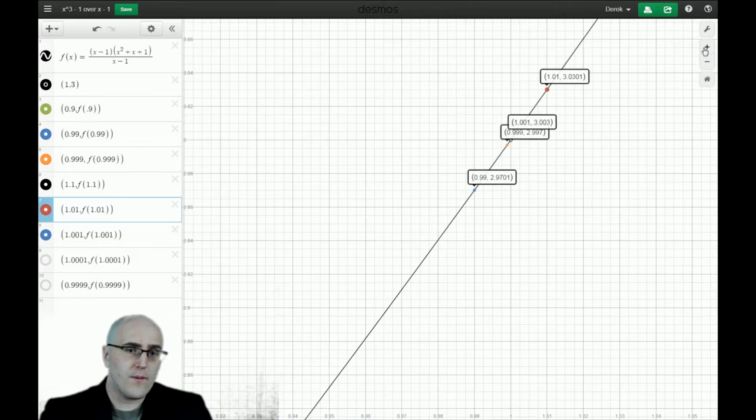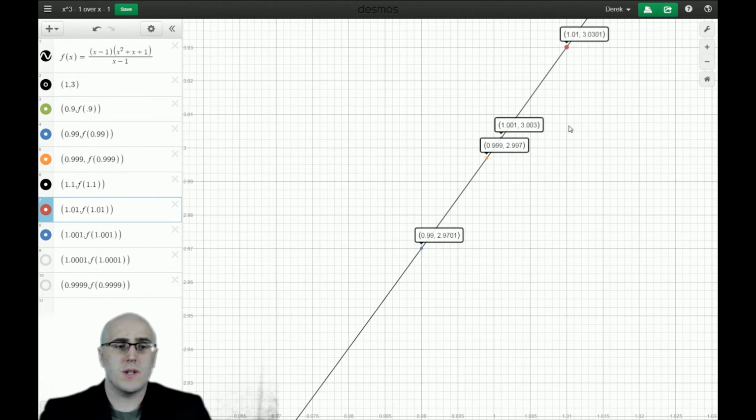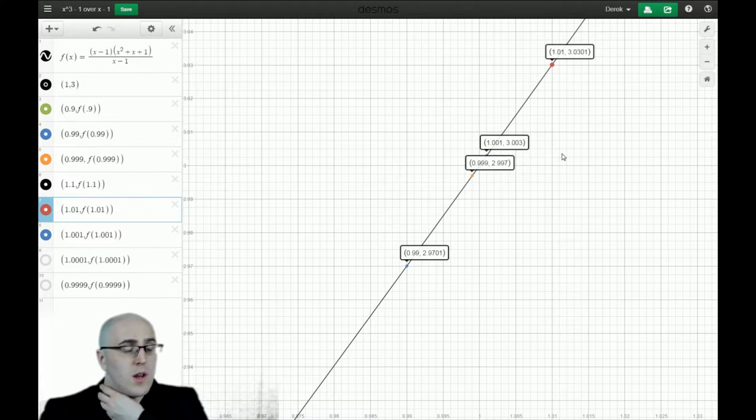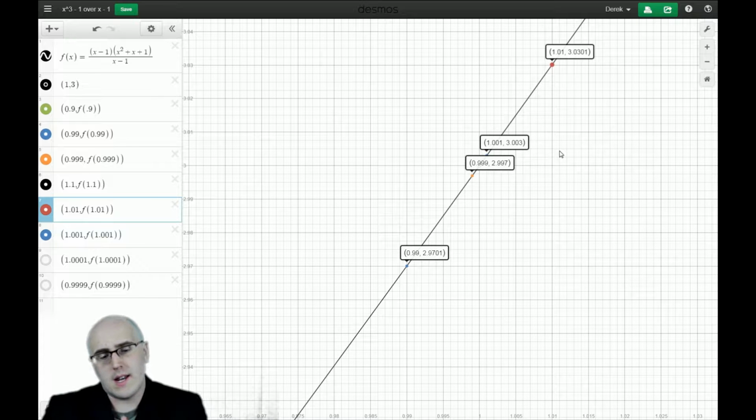And for every single value we choose, there exists a value closer to x equals 1. We can go out however many decimal places, but no matter how many decimal places we go out, we can always find a value that's closer to 1 than what we picked. We can continue to enumerate values that are closer to x equals 1 forever.